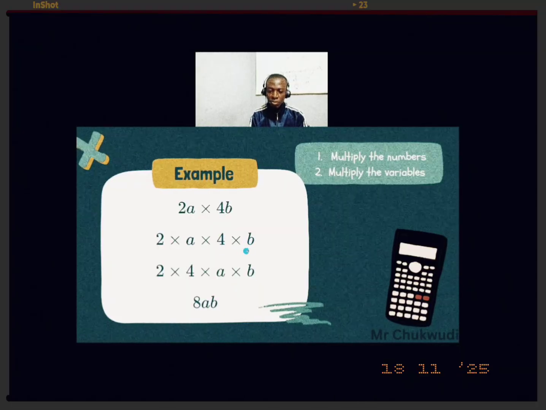After you have done this, you can rearrange them, that is you take the variables to one side, then you take the numbers to one side. Multiply the numbers together and make sure you maintain the sign. So 2 times 4 is going to give us 8, and a times b will give us ab.